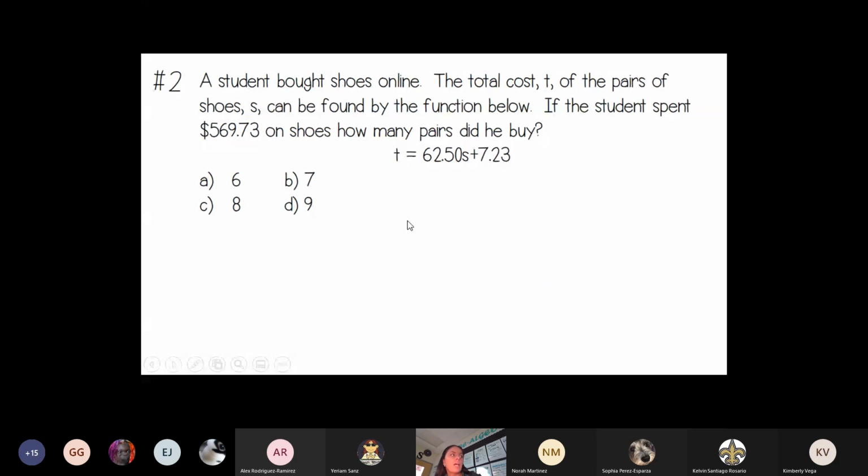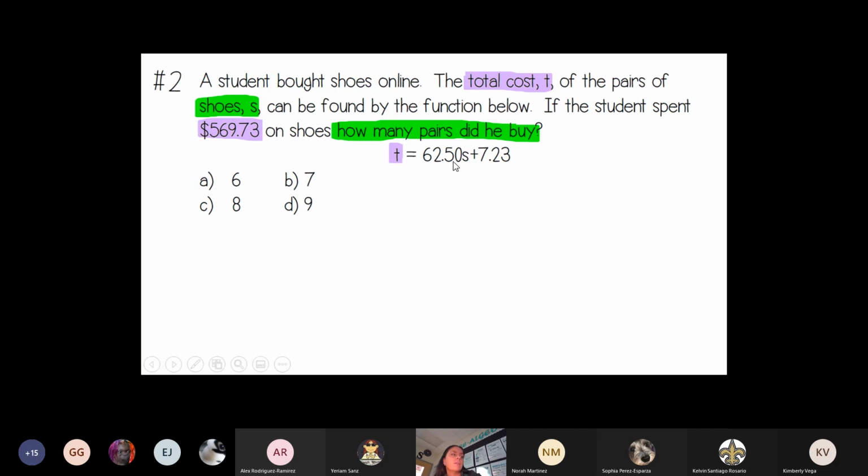For question 2, a student bought shoes online. The total cost T of S pairs of shoes can be found by the function below. If the student spent $569.73 on shoes, how many pairs did he buy? So in this function, I have a T value, which is the total cost.